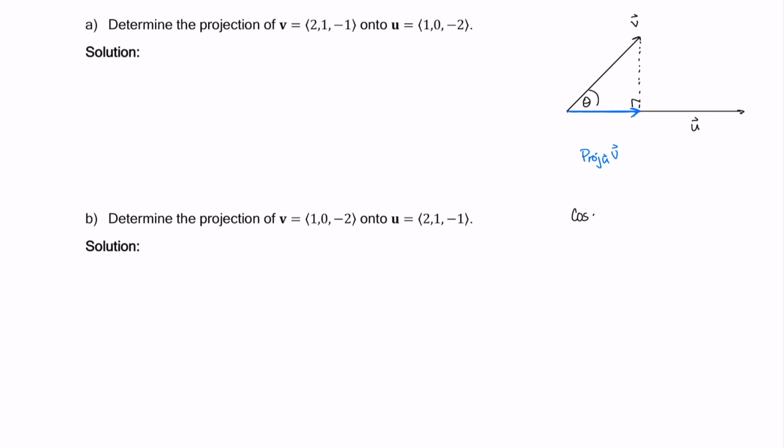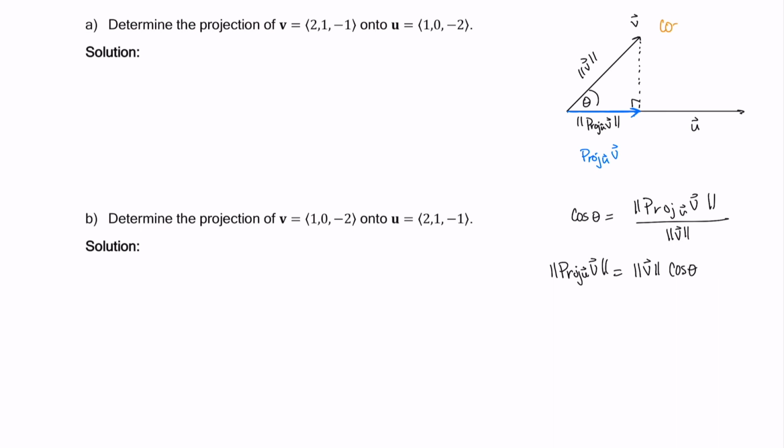So the cosine of theta is equal to the length of this adjacent leg, which is the magnitude of the projection of v onto u, divided by the length of the hypotenuse, which in this case is the magnitude of v. Okay, so I can write the magnitude of the projection of v onto u as equal to the magnitude of v times cosine theta.